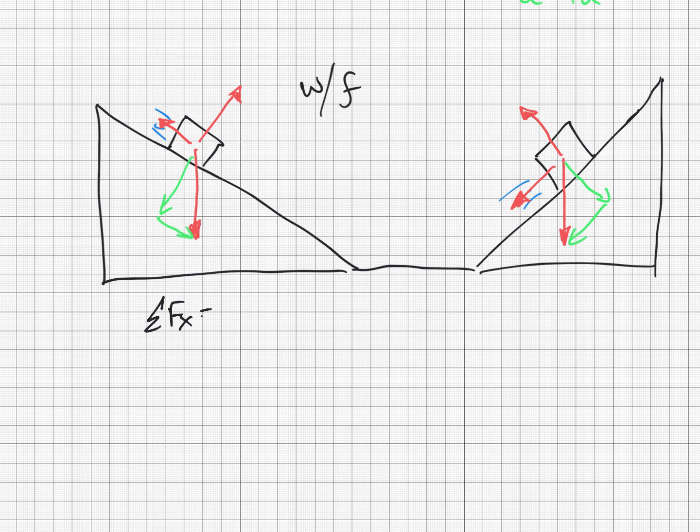Let's do the sum of the forces in the x. What we see here is we'll say down the ramp is in the positive x direction, and this is the parallel component, this is the force of friction. So the parallel component minus the force of friction equals my mass times my acceleration in the x direction.